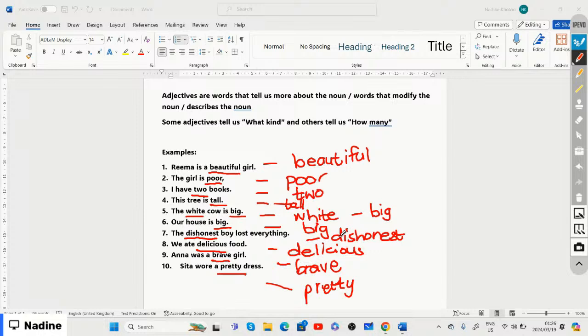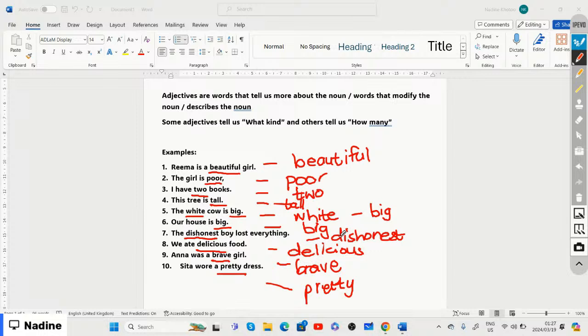Words that tell us how many can be a specific number, like 1, 2, 5, 10, 100, and so on, or words like several, a lot, much, few, less. Those are also words that tell us how many.